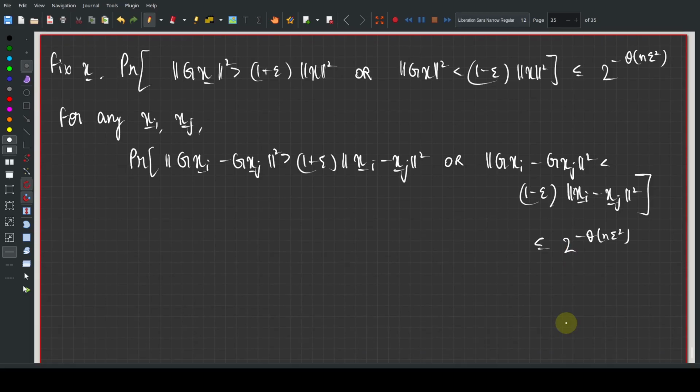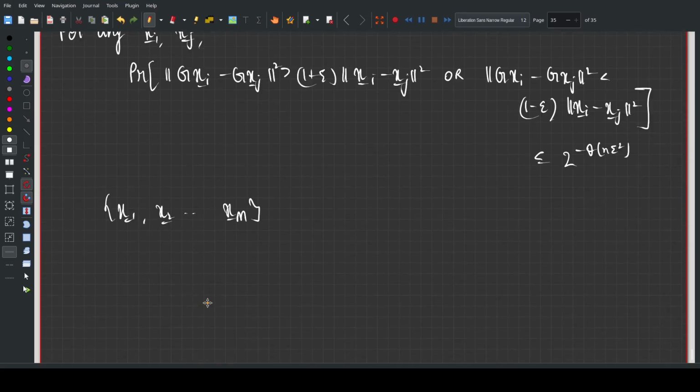Now I want to know what is the probability that this happens for any pair in my given set. So I'm given a set of vectors x1, x2 up to xm. I have m vectors, and I want to ensure that the pairwise distance between any two vectors after projection is roughly the same as the pairwise distance before projection. Correct?